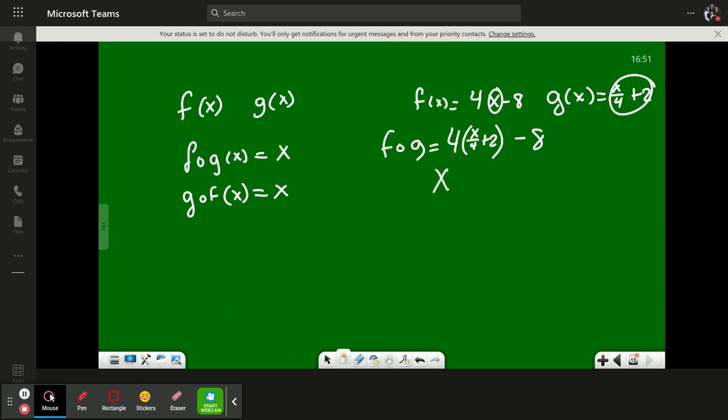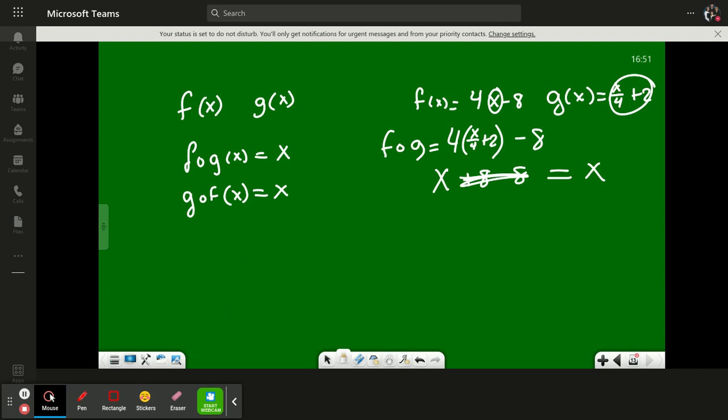See, not so scary. What am I going to get for 4 times 2? 8. Then I have my minus 8. These two cancel each other out, so that equals x. So far, so good. F of g of x is equal to x.